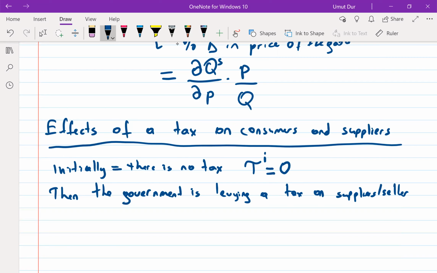There is a tax that is charged to the suppliers and sellers.